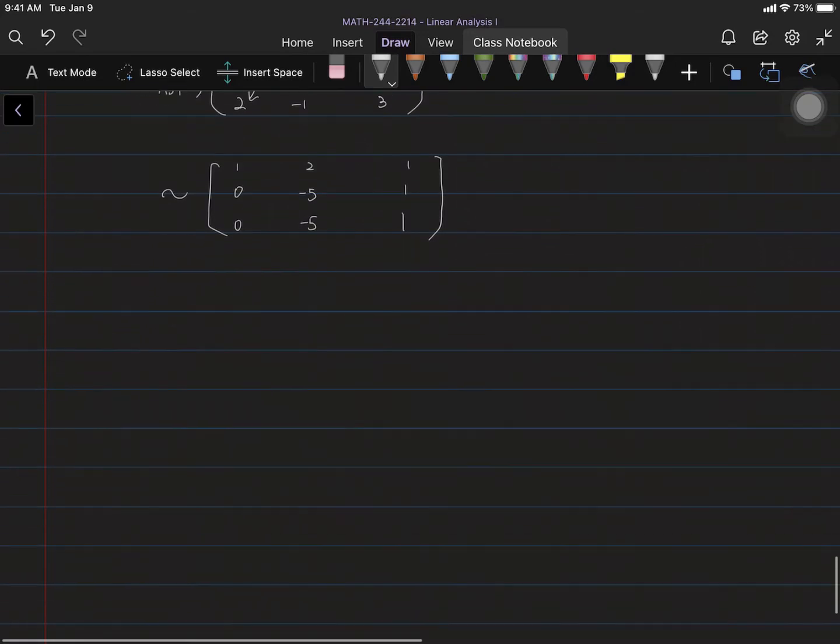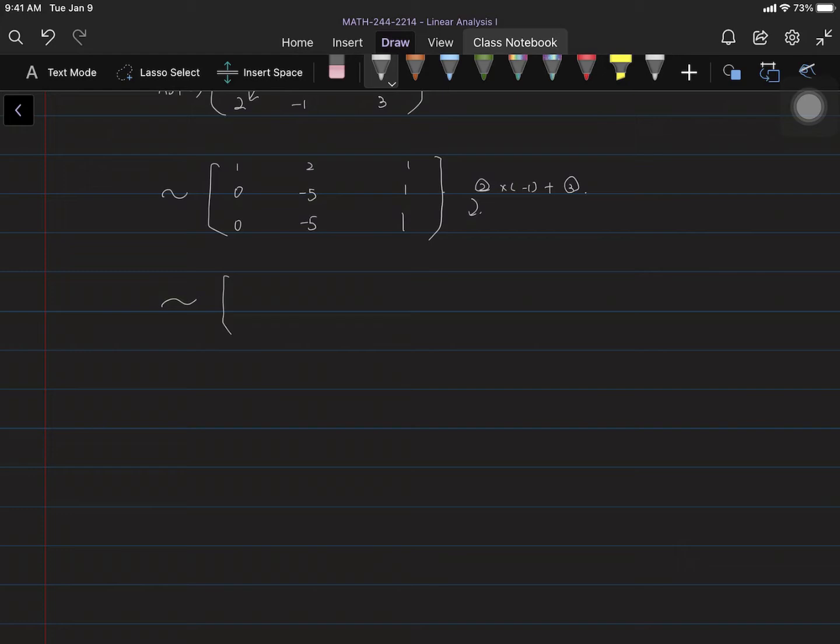From here you can see row 2 and row 3 are the same thing. In the future, whenever you see the same rows, you can just make the last row 0, because you can use row 2 times -1 added to row 3.